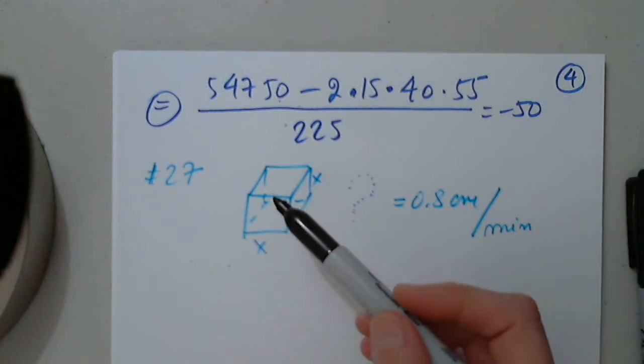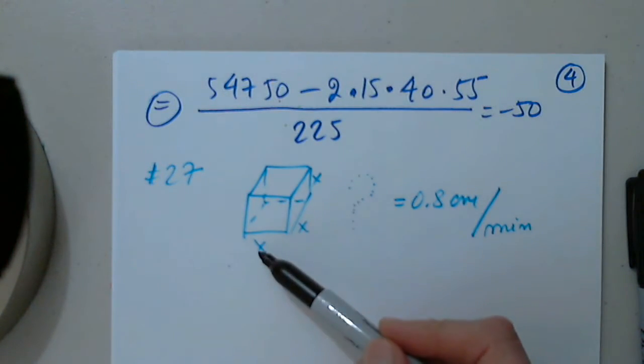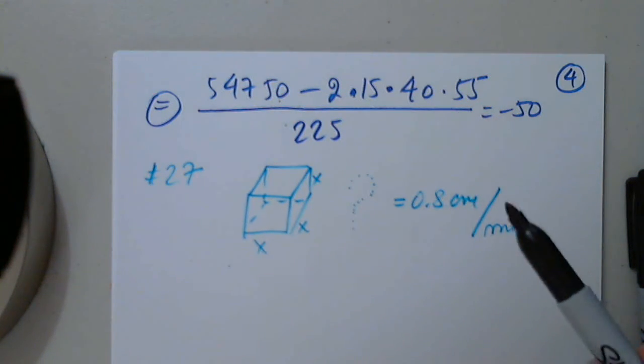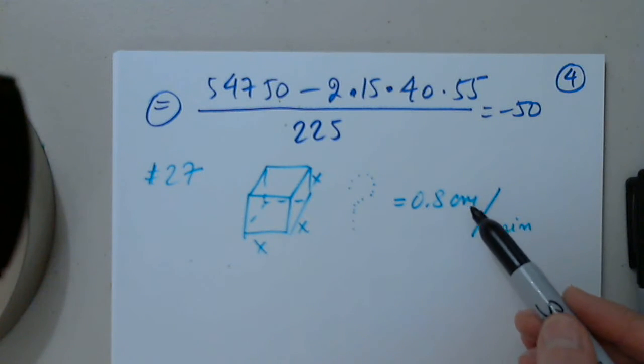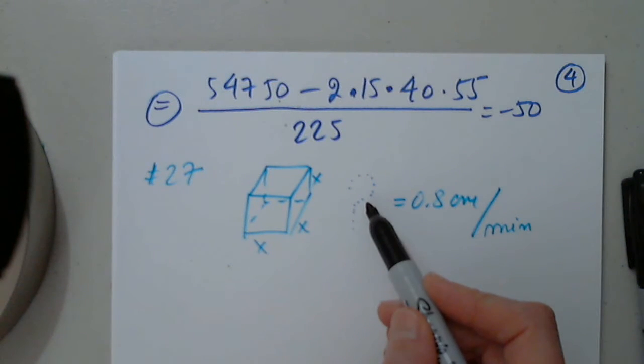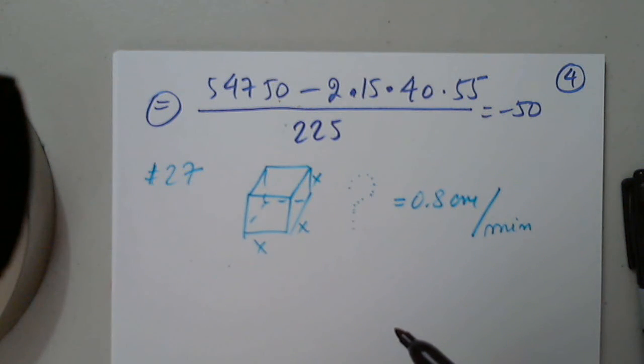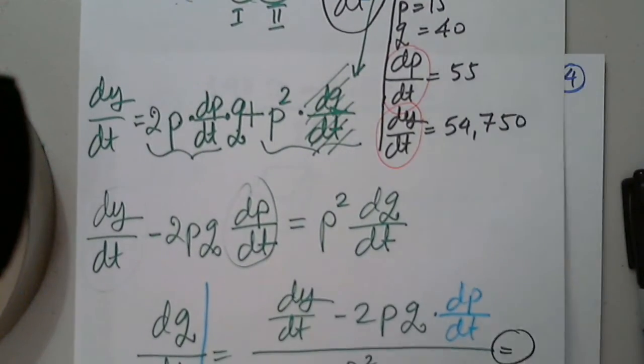So this is the cube, and its side is melting at a rate of 0.8 centimeters per minute. So then what do I write on this side? So I know what it is that is given to me. Okay, let's just peek at the previous problem.